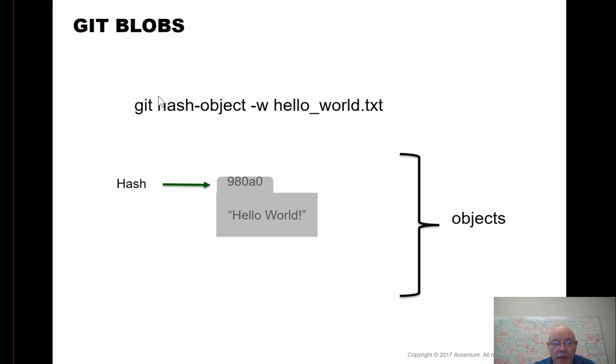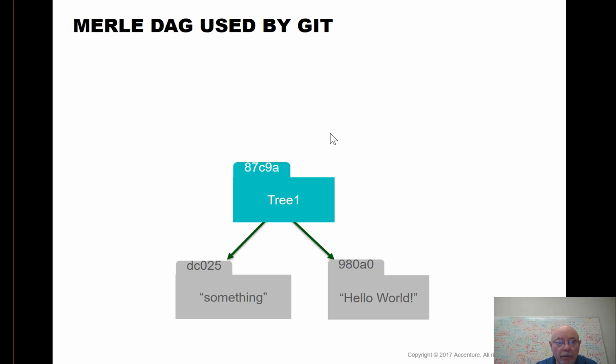Okay, so I showed you how to create a blob, and now what we notice is that this structure is actually what's called a Merkle tree, and the DAG means directed acyclic graph, and Git uses these Merkle trees to keep track of the file system.